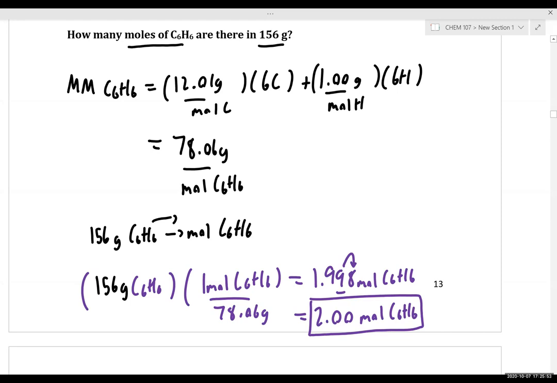It's just the number of decimal places that are reported and the precision that each of these atomic masses are reported to.